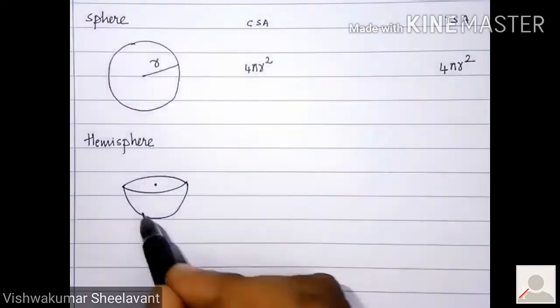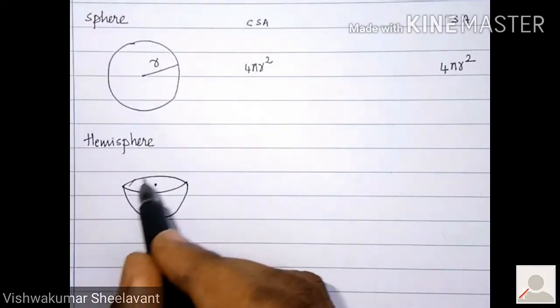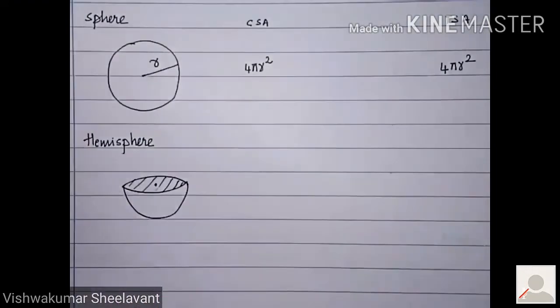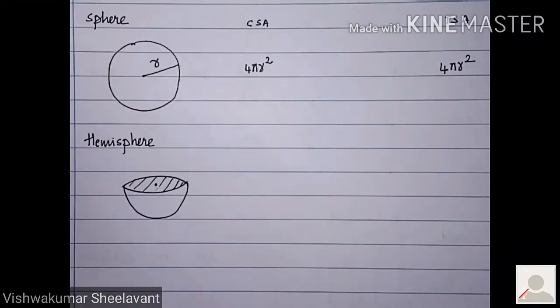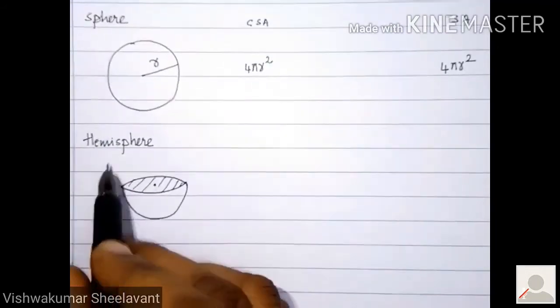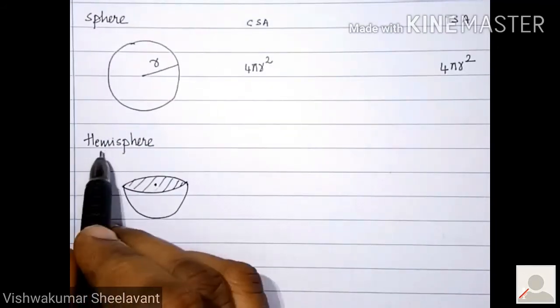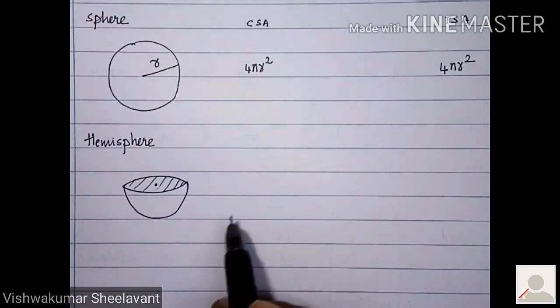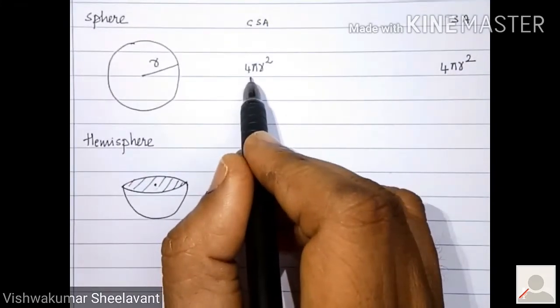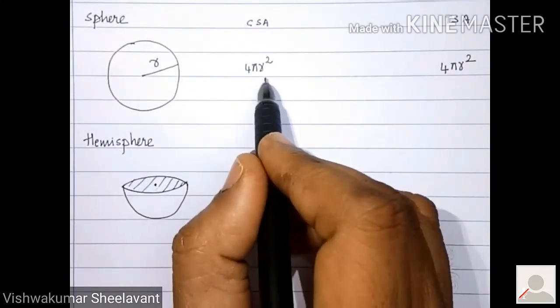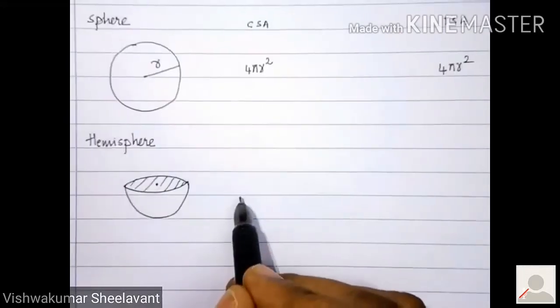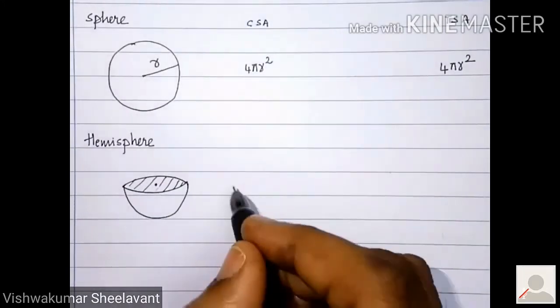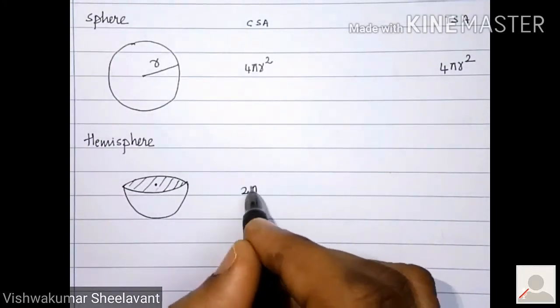It will be having CSA as well as the top circular area. Hemi means semi or half. Half of the CSA of sphere. CSA of the sphere is 4 pi r square. Therefore, CSA of the hemisphere will be equal to half of that, that is 2 pi r square.